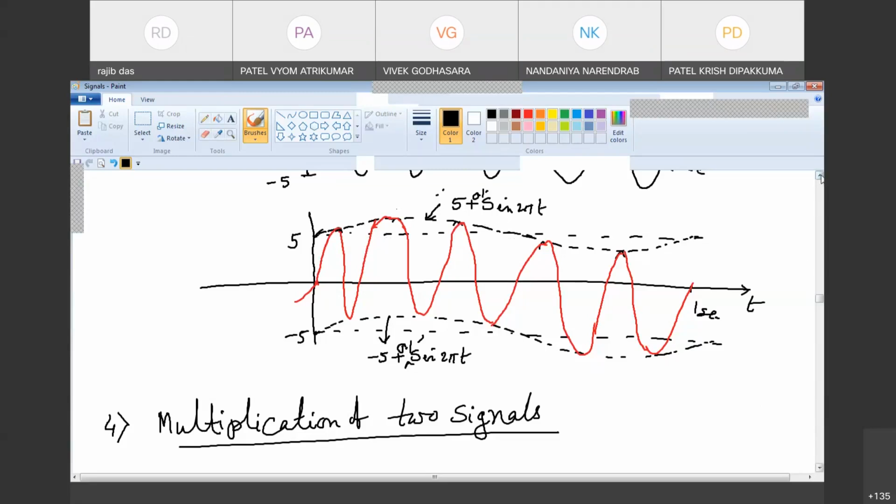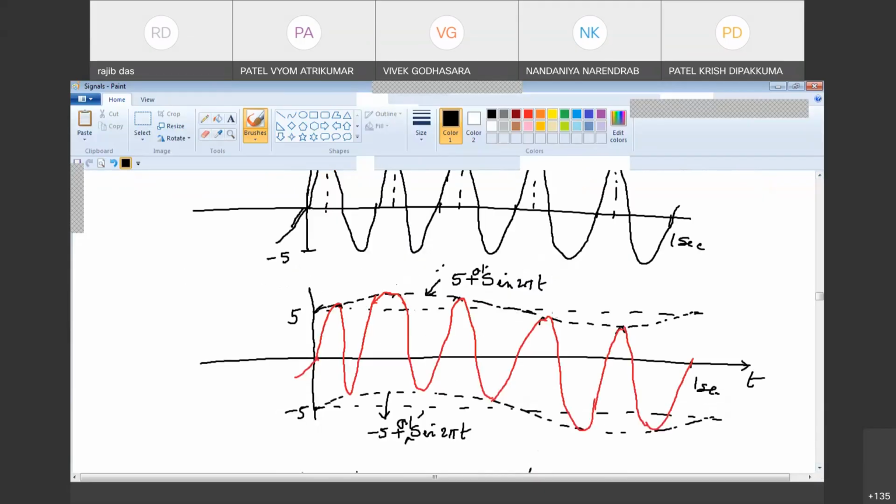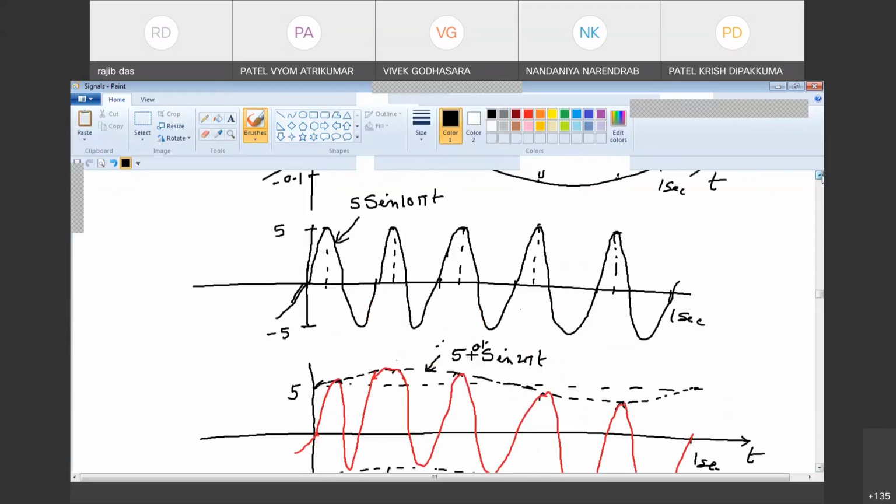Suppose in signal processing, this is one desired ECG signal, some desired component, but this is not desired at all, but it is added. How to remove this part? So actually we are getting this kind of resulting signal, the red one, but we wish to get the desired signal, so we have to remove this fluctuation.